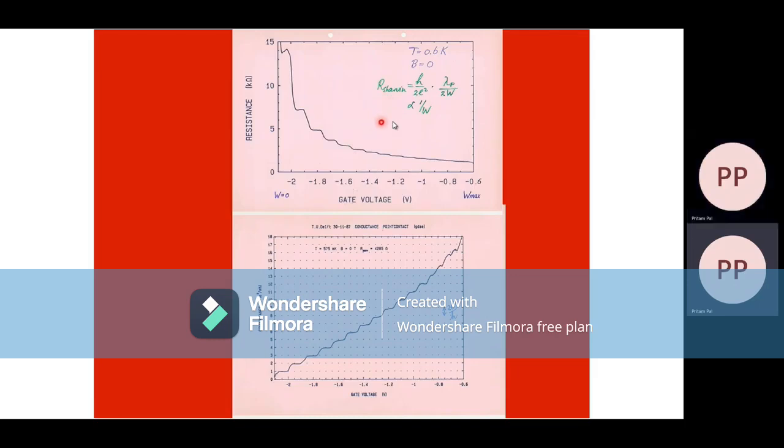However, at some point, they started to resolve very regular modulations in the resistance.